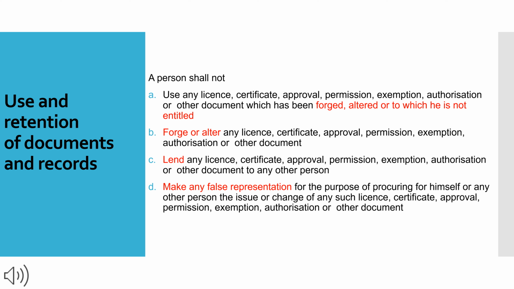A person shall also not lend any such document to any other person. And a person shall not make any false representation for the purpose of procuring for himself or any other person the issue or change of any such document.